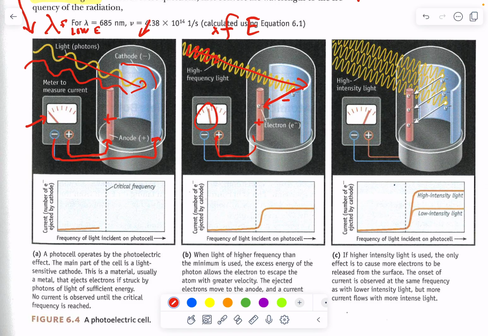In other words, by having very, very bright, big wavelength, low frequency light, we still don't get any complete circuit. But over here, if we have really, really bright light, as opposed to dim high frequency light, we have intense high frequency light, then we get even more current than we got before.